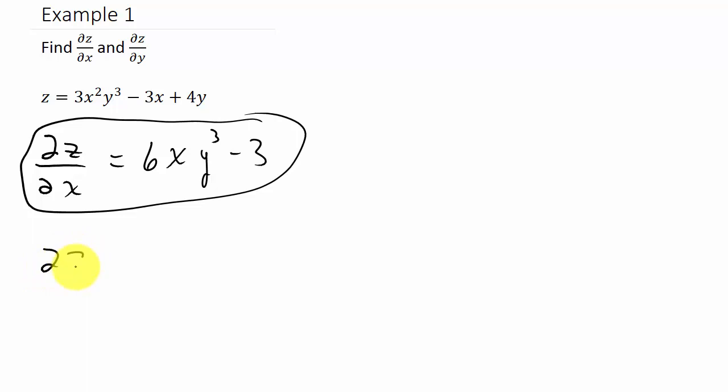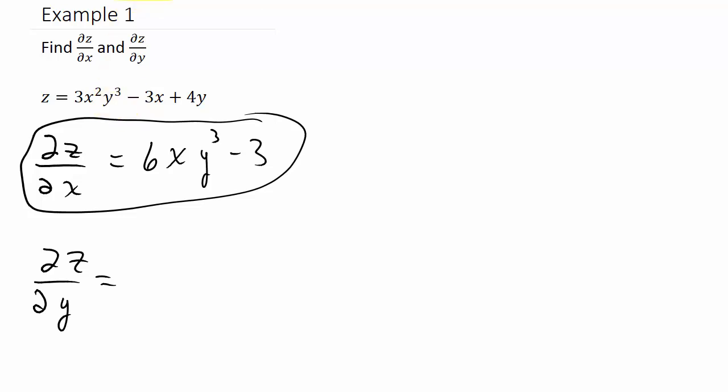Now let's take the partial of z with respect to y. Why don't you pause the video and see if you can do it? Hopefully you tried it and you got it right. If not, let's look and see what we do. Now we're taking the partial of z with respect to y. So this time x is going to be like the constant term and y is the variable.